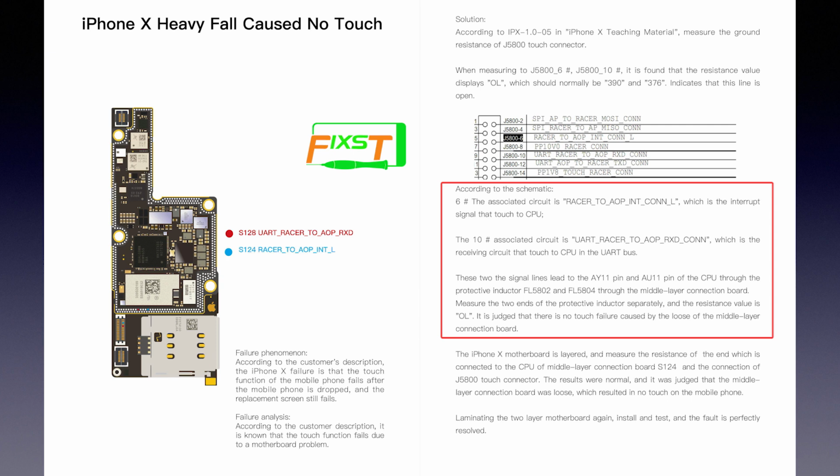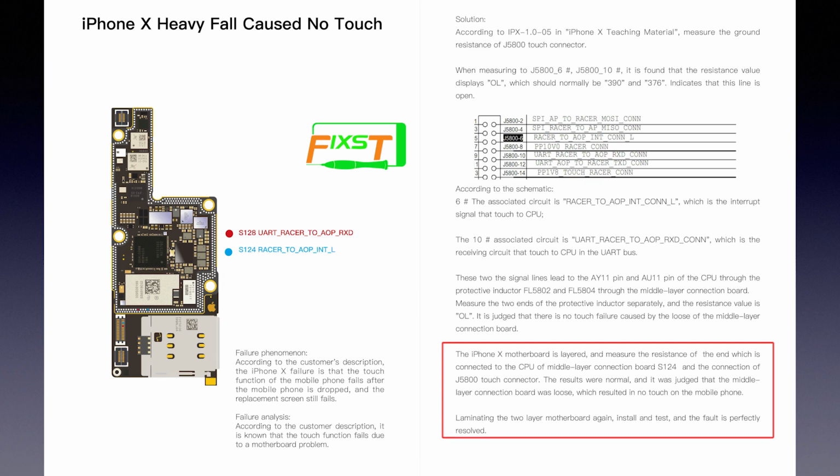Measure the two ends of the protective inductor separately, and the resistance value is OL. It is judged that the touch failure is not caused by the loss of the middle layer connector board. The iPhone X motherboard is layered, so measure the resistance of the end which is connected to the CPU of middle layer connection board S124 and the connection of J5800 touch connector.